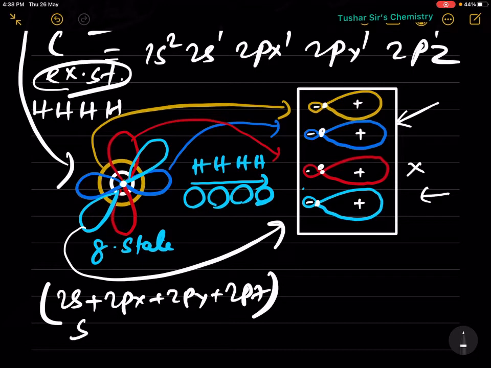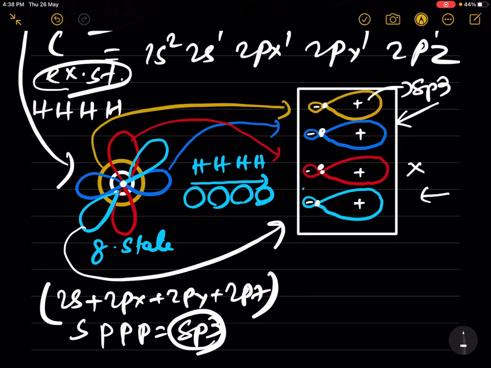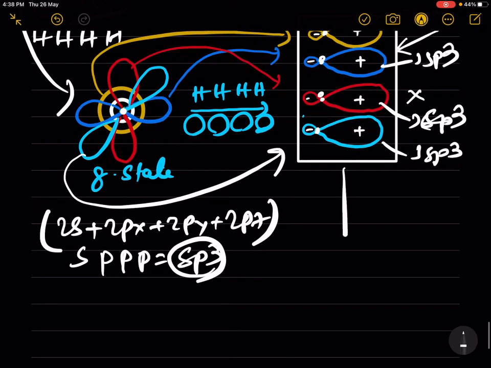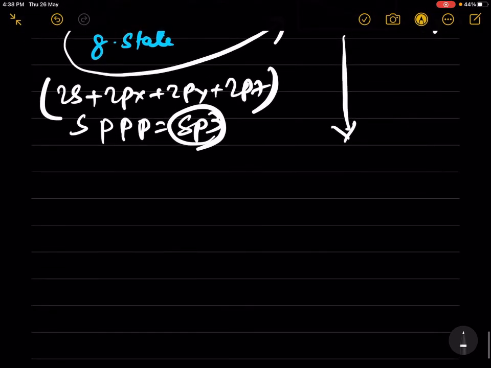As there are 1 s and 3 p orbitals, the type of hybridization is sp3, and these are also known as sp3 hybrid orbitals. But these 4 orbitals should remain like this.